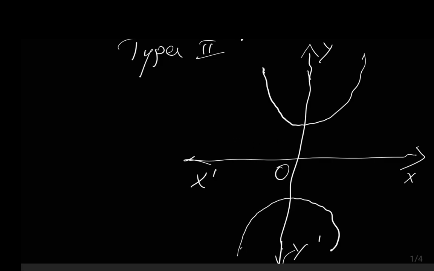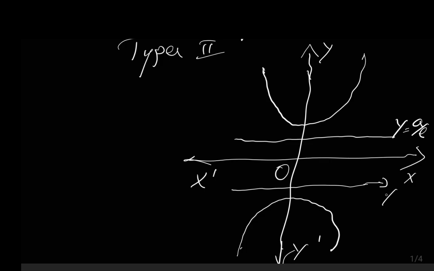So directrices you will get parallel to x-axis. So therefore y is equal to constant. Y is a by e and y is equal to minus a by e. Center C is 0. All these in terms of capital X and capital Y.